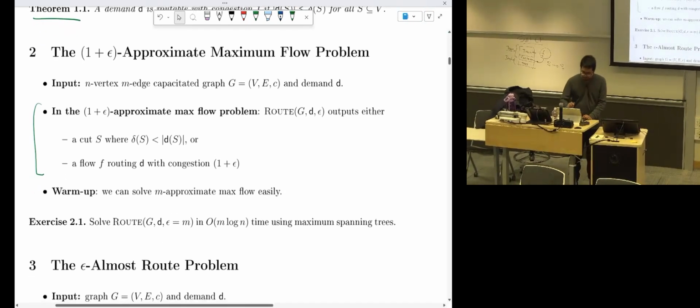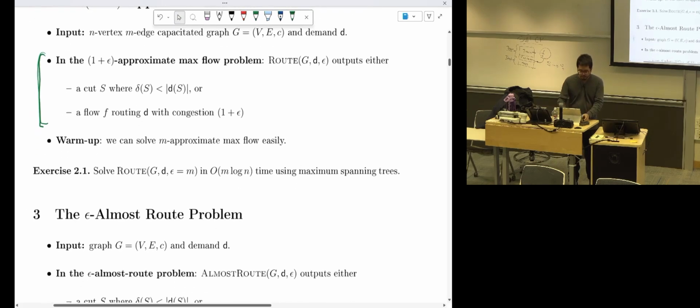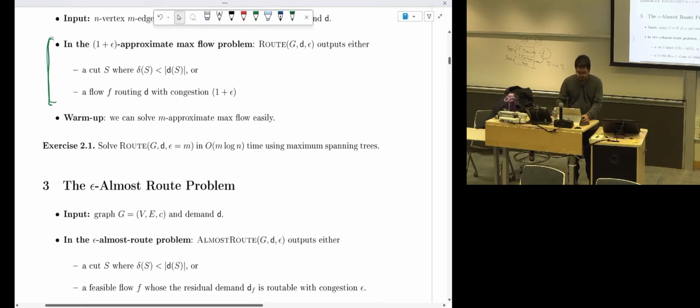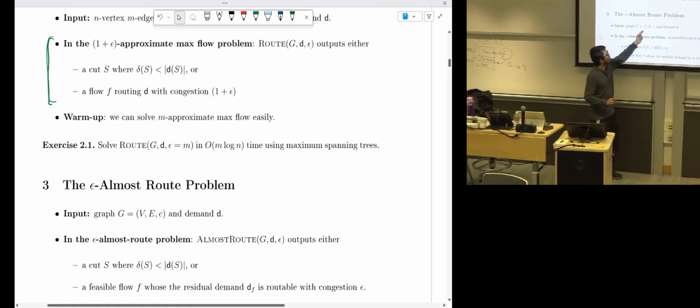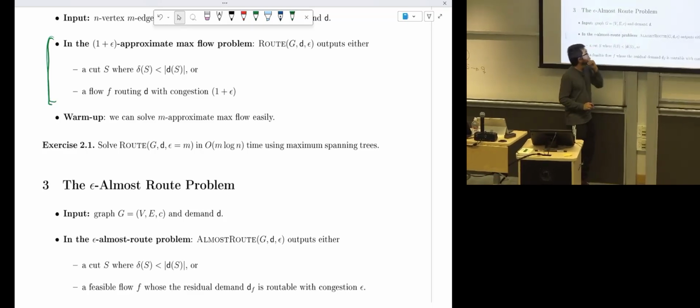Now, this is a problem, but we're going to look at another related problem. It looks a bit more relaxed. Again, you have the same graph and demand.